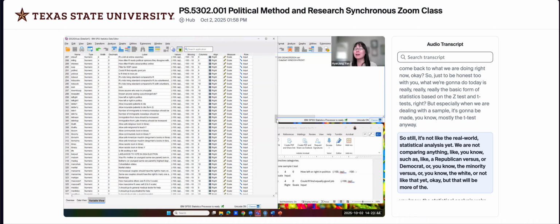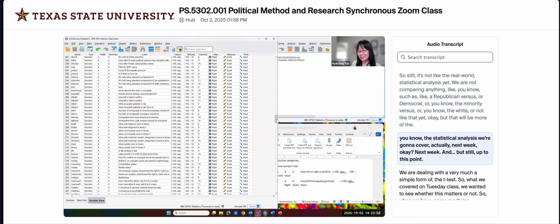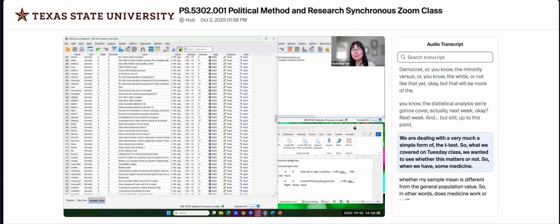We are not comparing things like Republican versus Democrat, or minority versus white, not like that yet. That will be the statistical analysis we cover next week.